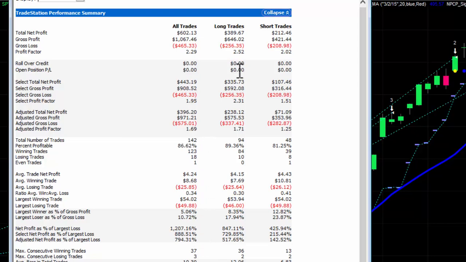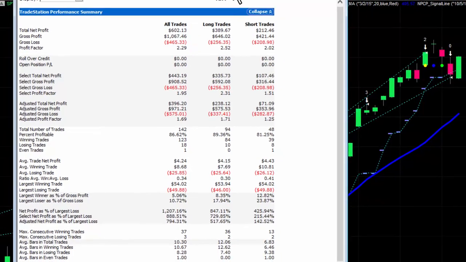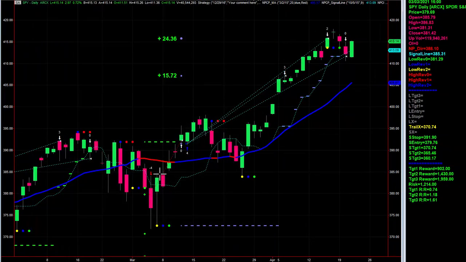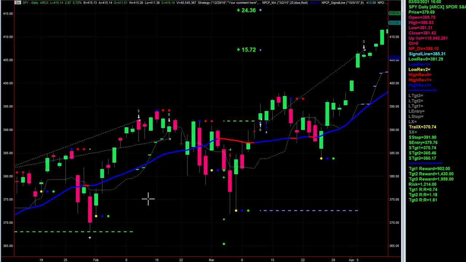So overall, trend mode is better than standard mode over the last 10 years with this trade plan, trading the spider. And all we had to do was click a few buttons with the trade assist automation to figure that out. And what's better is that when we're looking at the chart itself, it's going to filter out trades that don't belong.